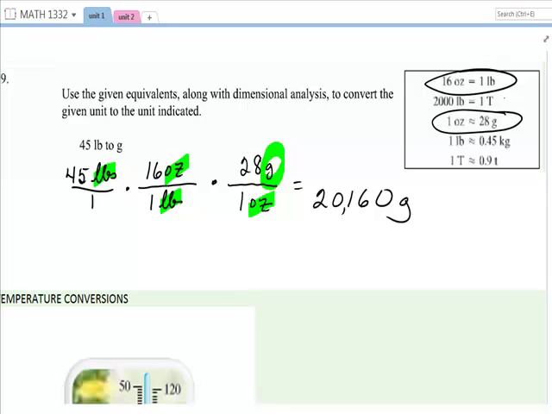Suppose that you had a rate of speed. You said, oh, he's driving 55 miles per hour. And yet in physics, many times rates of speed need to be in feet per second. And so you would use dimensional analysis to change that. Very, very powerful. All right, moving on.